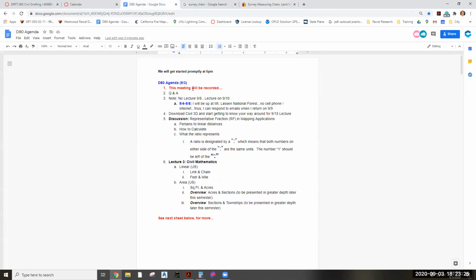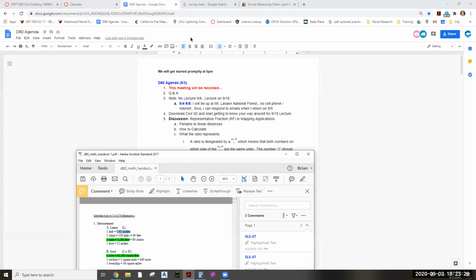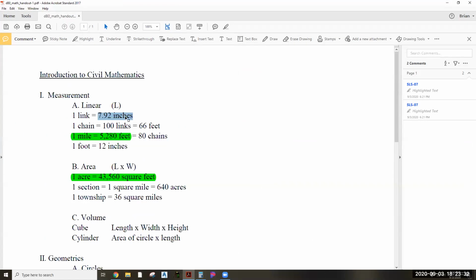Just take it and we roll with it, okay? We don't measure with chains anymore, but on old maps, sometimes old maps are in chains.